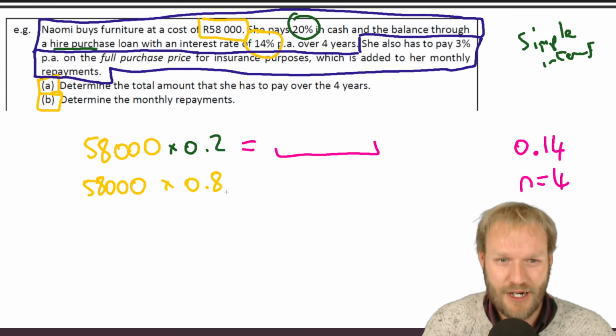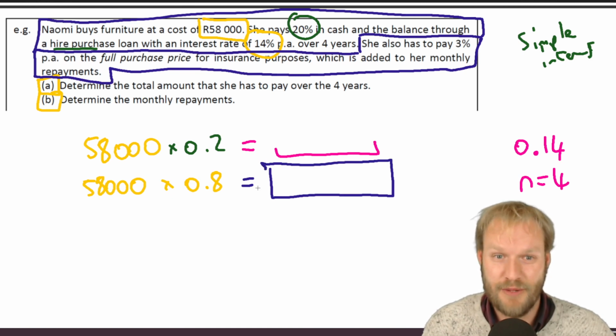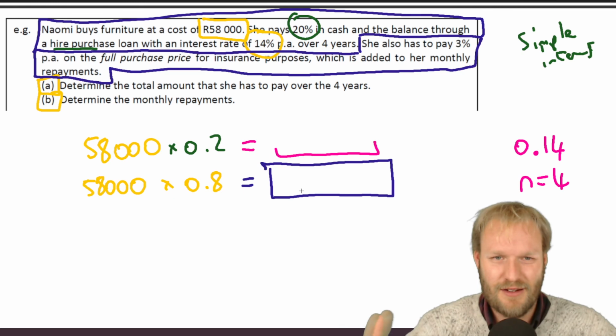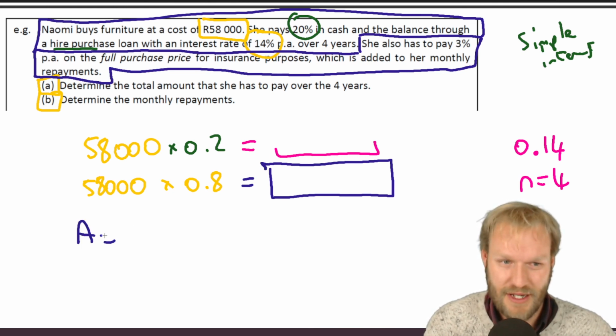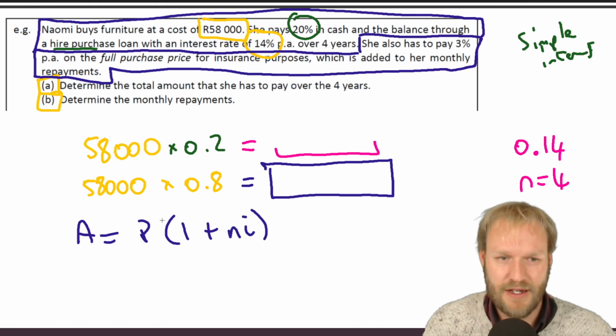We already know how much needs to be paid here: 58,000 times 0,8. That's how much money is being borrowed. We know that it's going to be 14% per annum over 4 years. So you already know that A equals P(1 plus n i).